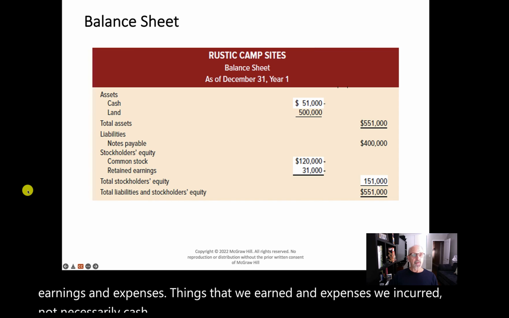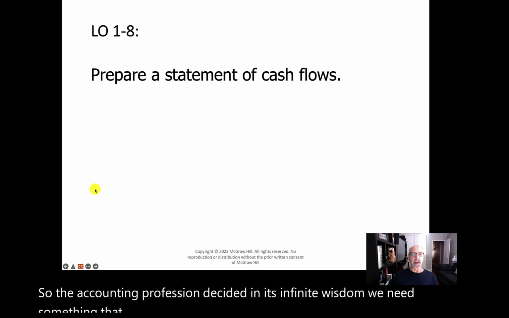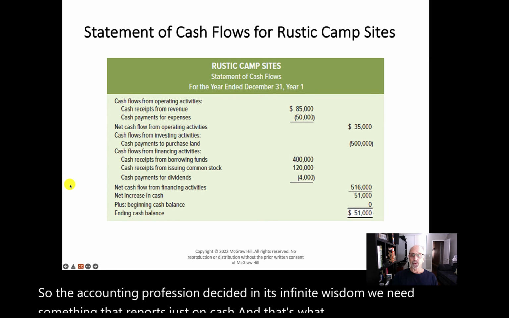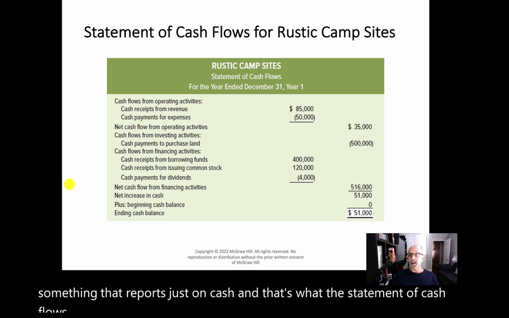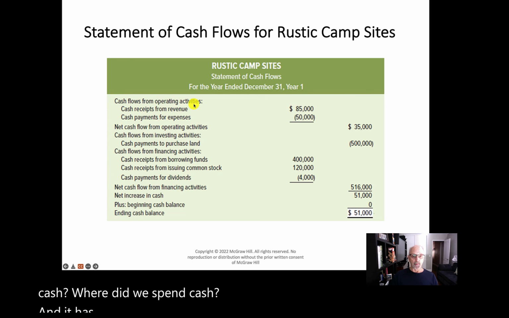So the accounting profession decided, in its infinite wisdom, we need something that reports just on cash, and that's what the statement of cash flows does. Okay, statement of cash flows essentially says, where did we get cash? Where did we spend cash? And it has three sections: operating activities, investing activities, financing activities.